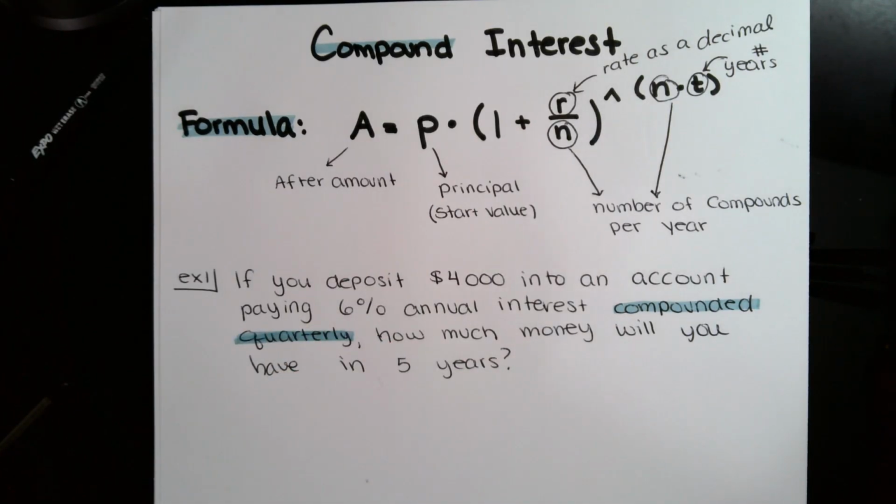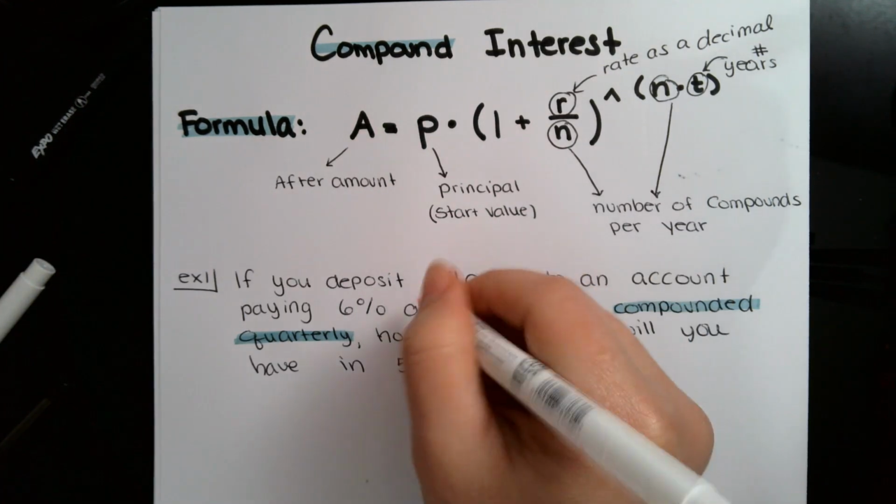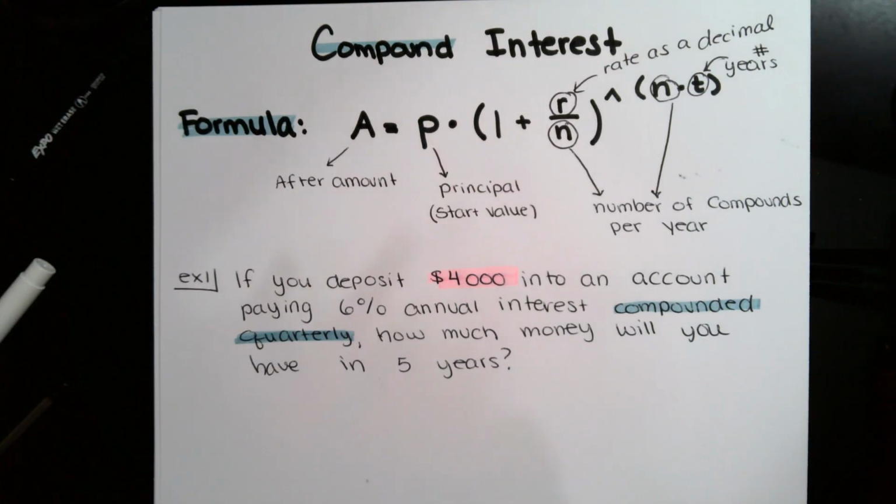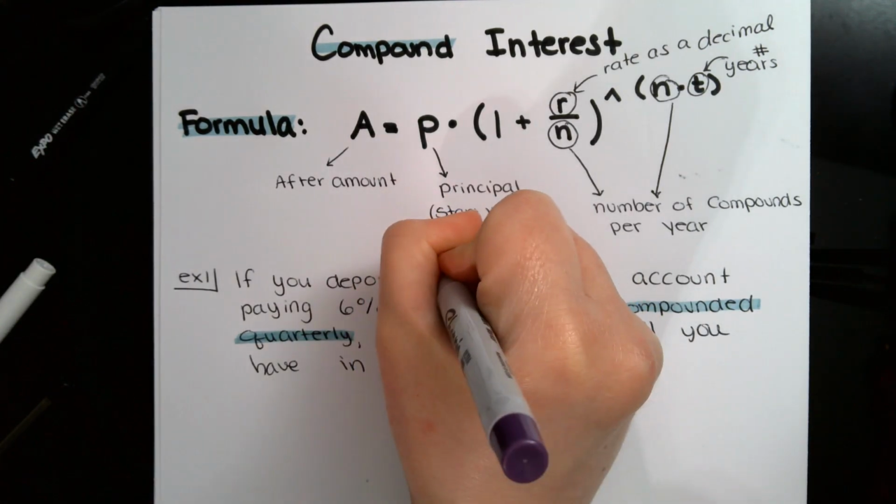But let's go ahead and backtrack, and let's start reading about our life situation. We are first depositing $4,000. That means this 4,000 is going to be my starting amount.